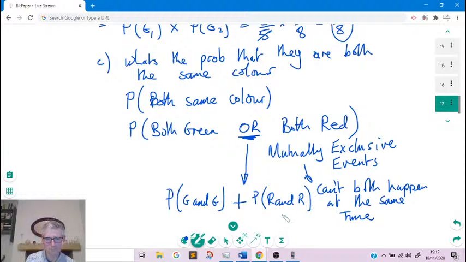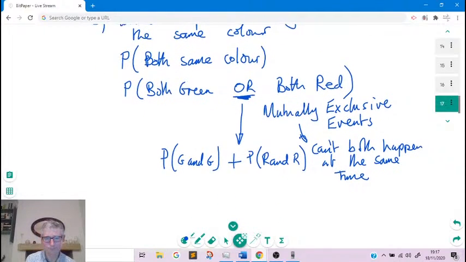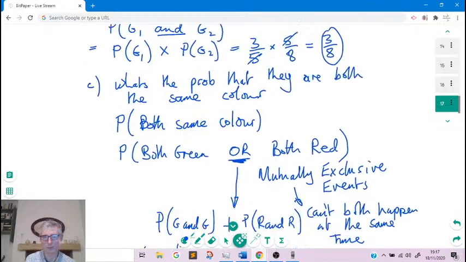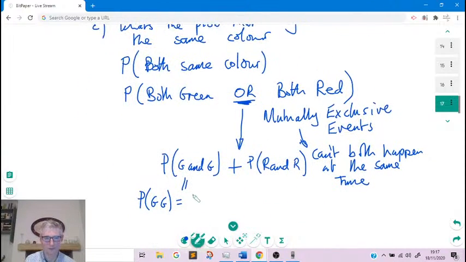The probability of green, green we've already worked out from above: 3/8.